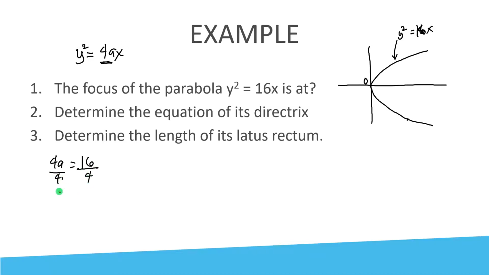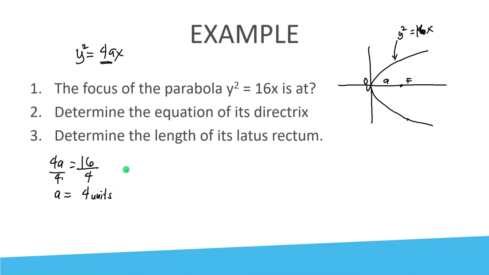To determine the coordinates of the focus, it is located from the vertex at distance a in the direction of the parabola's opening. That's your focus. So we will just add a to the x value of the coordinates of our vertex, which coincides with the origin.